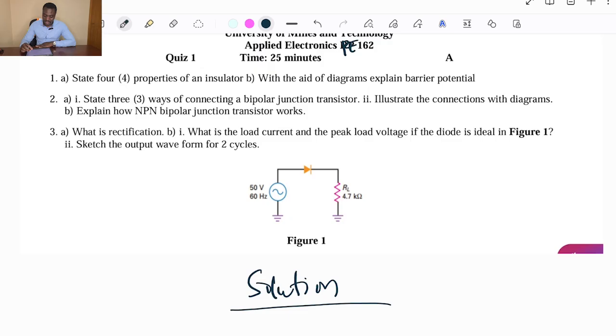So you can pause and go and watch the properties of an insulator in that video. I'm not going to be talking about that in this video. We also have 1B: with the aid of diagrams, explain barrier potential.